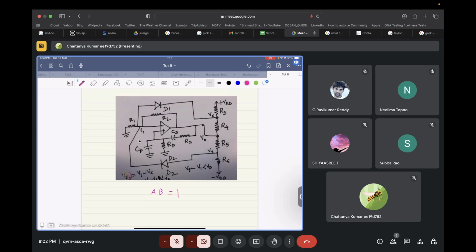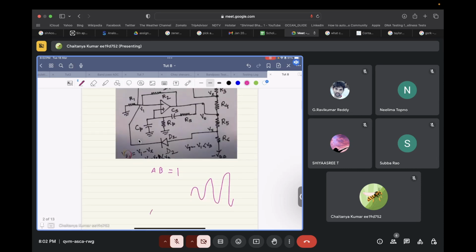What happens if A beta is greater than 1? The oscillations will go berserk and the system will saturate. And if A beta is less than 1, the oscillations will die out.